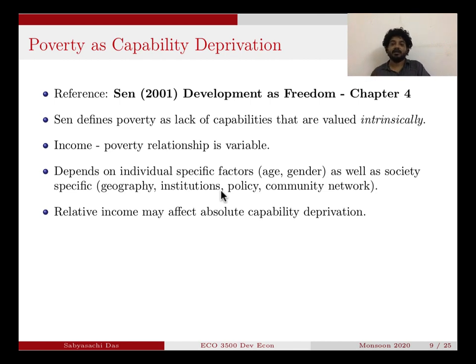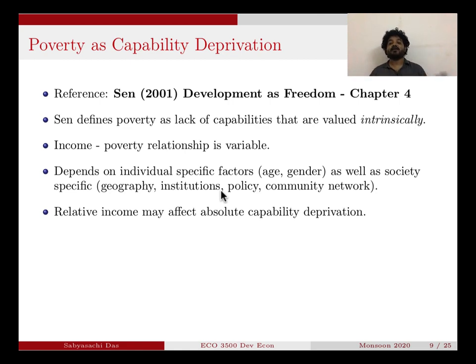Especially in China and India, the capacity with which income is able to unshackle women to participate or to live a full life is context dependent. And therefore, definitely the income-poverty relationship is not the same for men and women in India or in China.